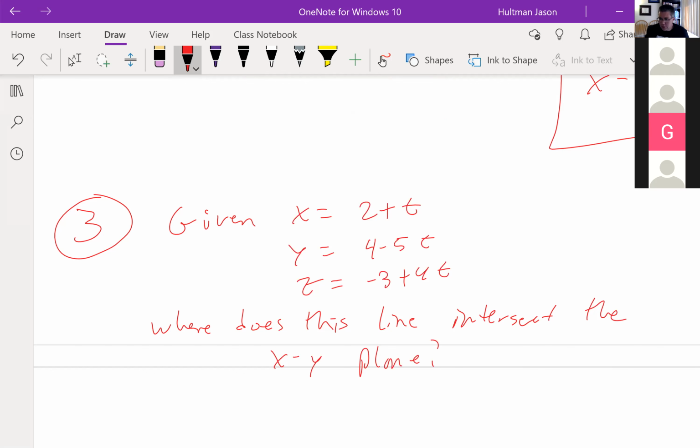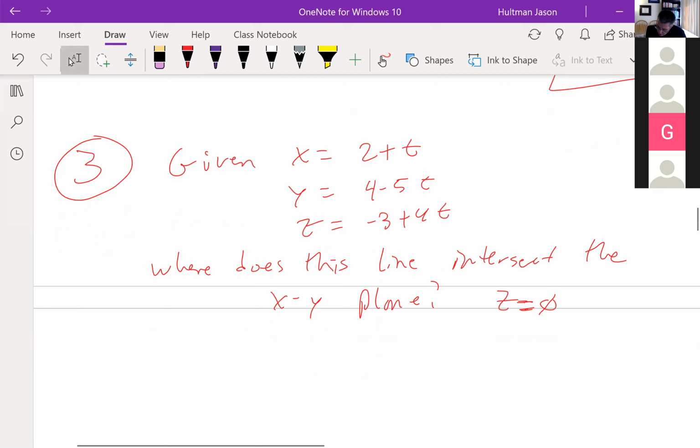Z is 0. Yeah, thank you, Armando. Okay. So yeah, if z is 0, then isn't 0 equal negative 3 plus 4t? So wouldn't t equal 3/4? Right? So then couldn't I figure out what x and y are?